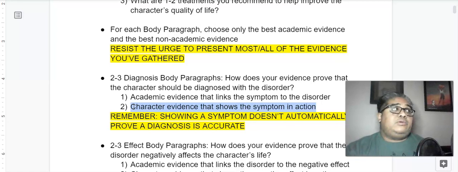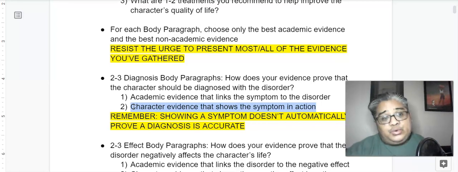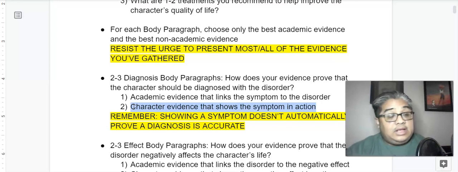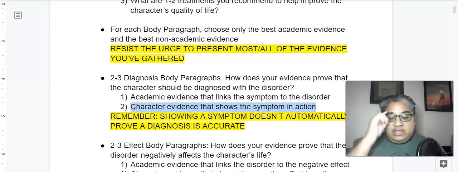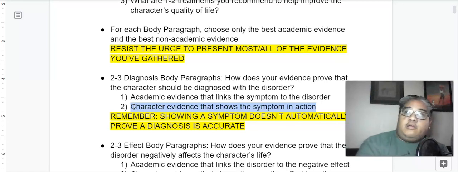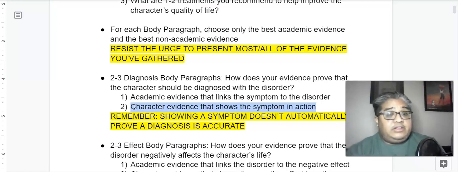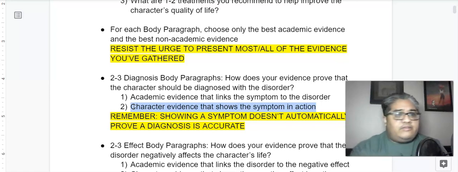If I think, for example, of depression disorder, sometimes a symptom of depression may be insomnia, and you have academic evidence that shows that from the research that you've done, and you have evidence that shows the character experiencing insomnia.